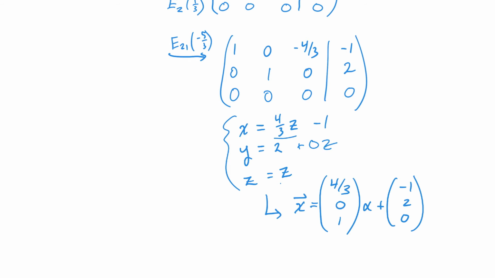So what I want you to see here is this. The point part is that portion of the solution. This part right here, that's the free part of the solution. That's our degree of freedom.